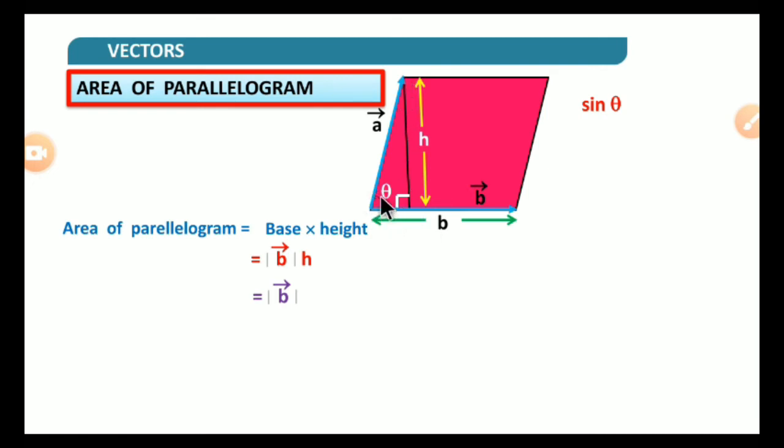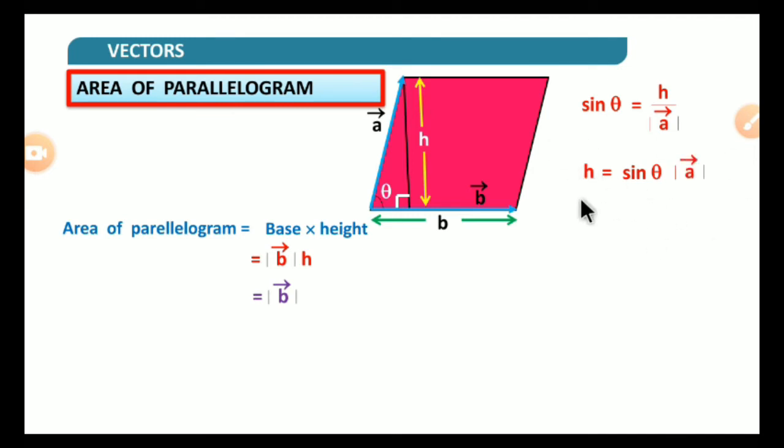Here this is the angle theta. By applying the trigonometric ratio, sin theta is equal to opposite by hypotenuse. Opposite is h, and the hypotenuse is vector A. Therefore, sin theta is equal to h divided by the magnitude of A, so we take the magnitude of vector A. Therefore, h is equal to the magnitude of A into sin theta.